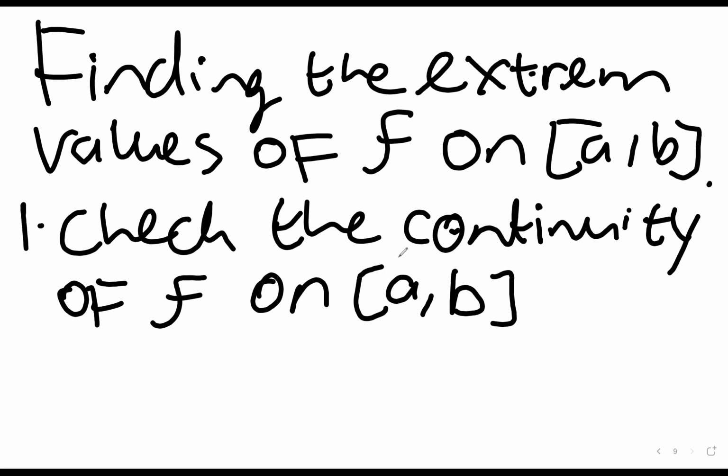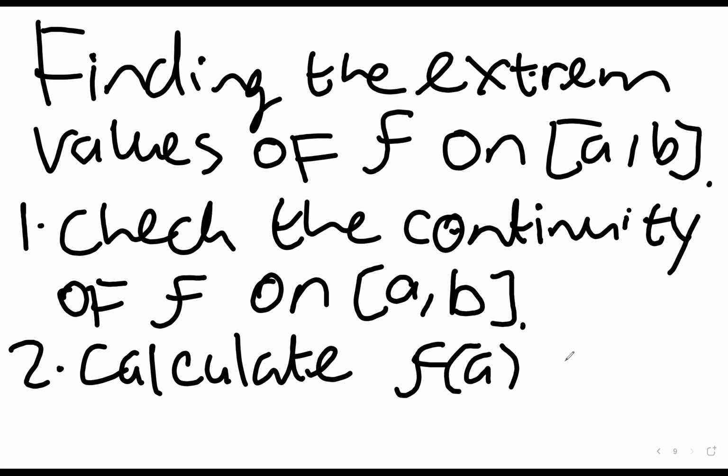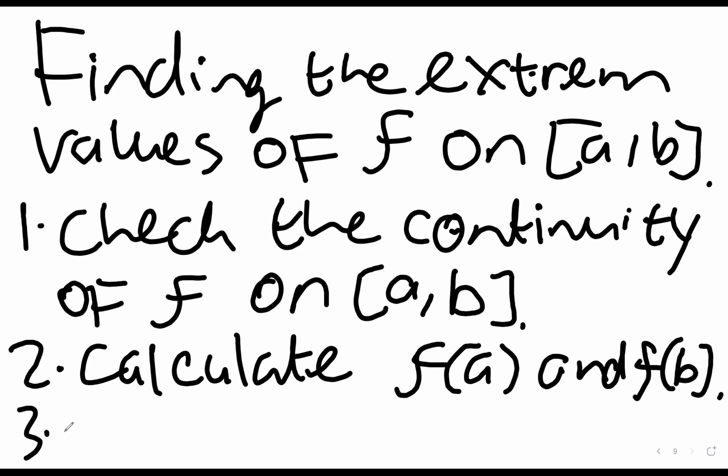So if your function is a polynomial or sine x or cosine x, then you may skip the first step. The second step: calculate f of a and f of b. It's easy, because you have the formula of the function f, just replace the variable by a and b, then calculate it. And then the next step: check the derivative of f.